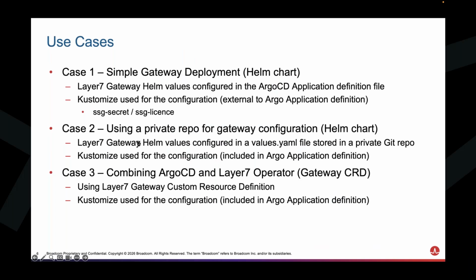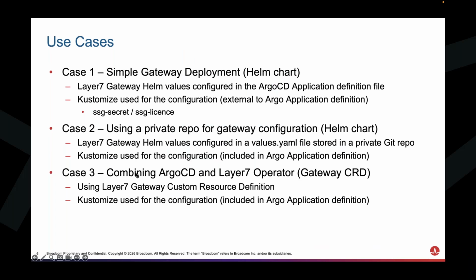I'm also using Kustomize to create my secret and my license. In this case, Kustomize is part of the application definition, and ArgoCD takes care of that. So both the creation of the secrets and license needed for my application, as well as the deployment of my Layer 7 gateway with the right configuration defined in the values YAML file.